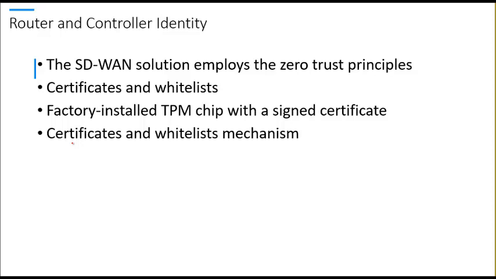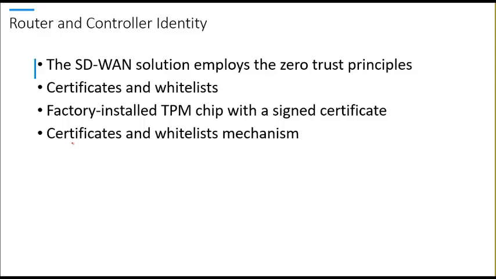It's not only vBond, which, as we all know, brings the WAN edges on board. That is not the only level at which authentication happens. Every single device will authenticate the other devices to make sure that they belong to this common overlay fabric.